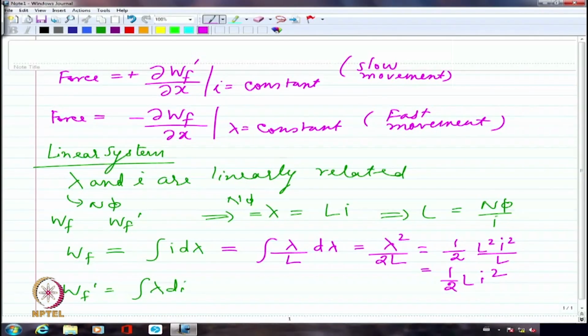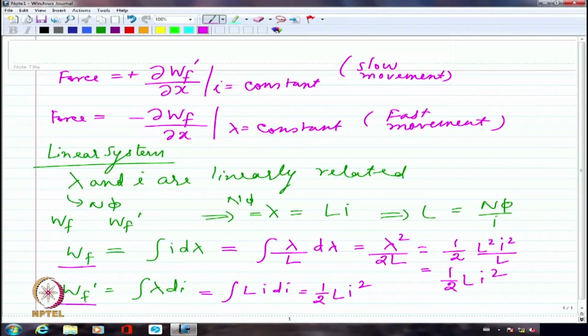If I try to look at Wf dash also, I should be able to write this as integral of Li di, which will again come out to be half Li square, which is already known. We are just reiterating that. That's all we are trying to do. So whether I look at Wf or whether I look at Wf dash, both of them happen to be the same.